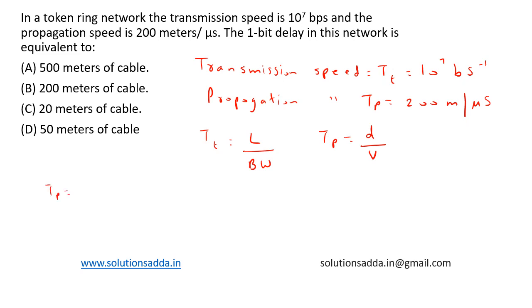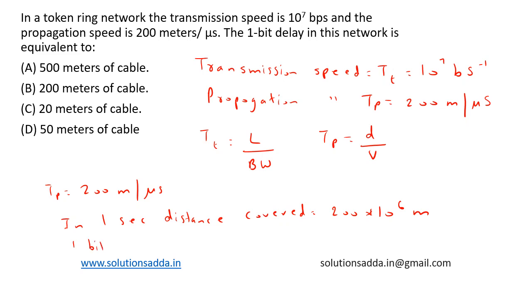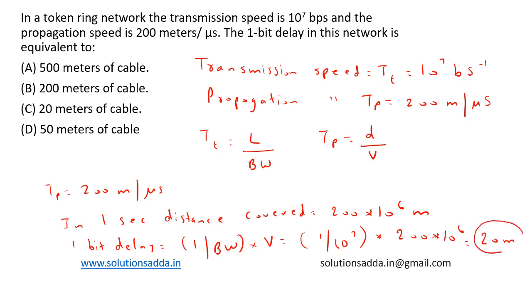Since TP is equal to 200 meters per microsecond, in 1 second the distance covered is equal to 200 into 10 to the power of 6 meters, and 1 bit delay is equal to 1 upon bandwidth into velocity, which is equal to 1 by 10 to the power 7 into 200 into 10 to the power of 6, which is equal to 20 meters. So the correct answer here is option C, 20 meters of cable.